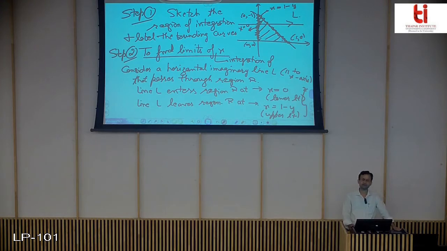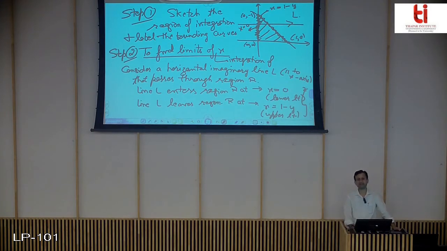In case, for some non-rectangular region or any reason, it is not the case, that is, if for some values of x or y the boundary where it enters is different, or the boundary where it leaves is different, then we may have to relook at things, and we have to split the region into two or more parts.